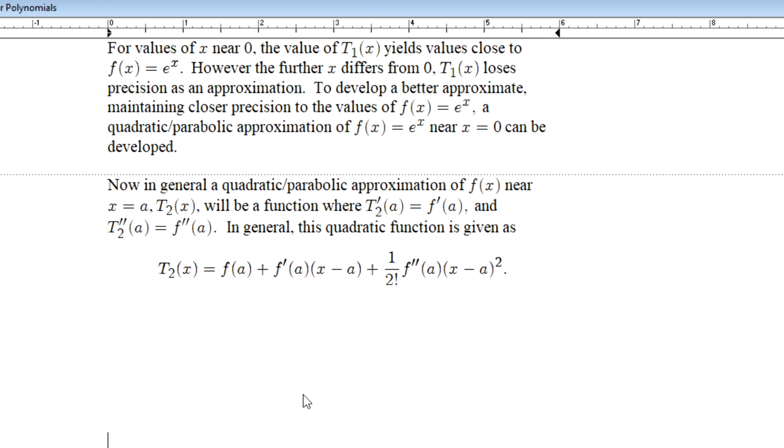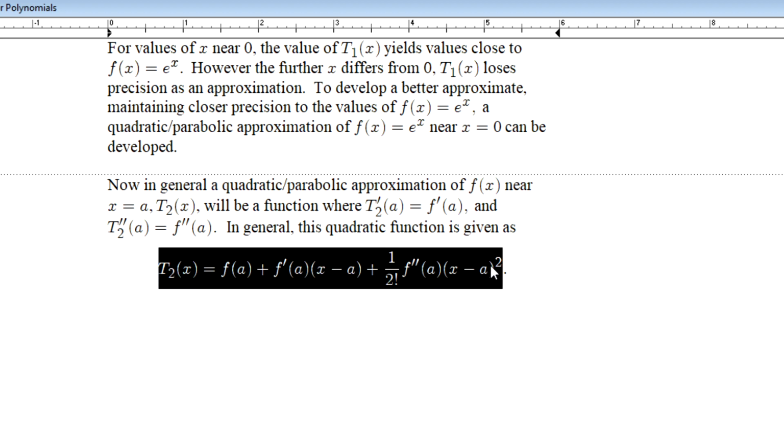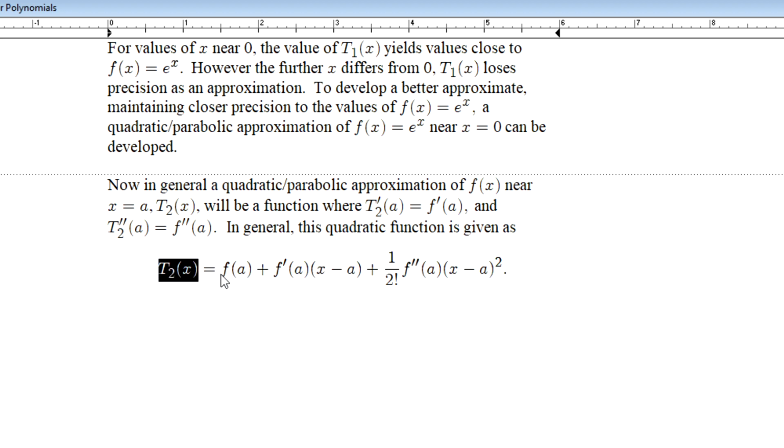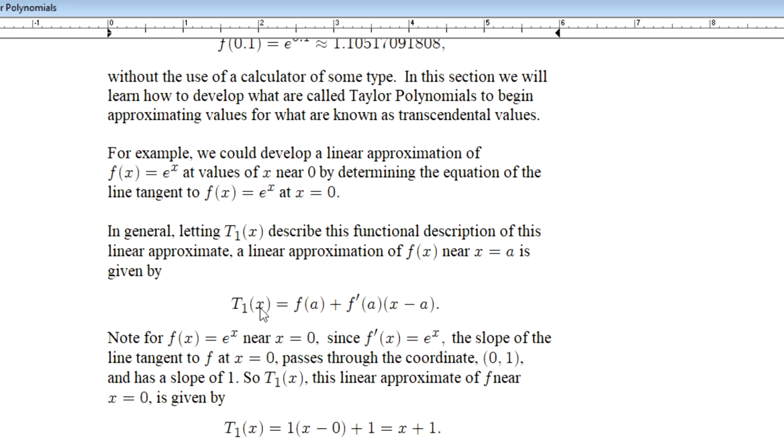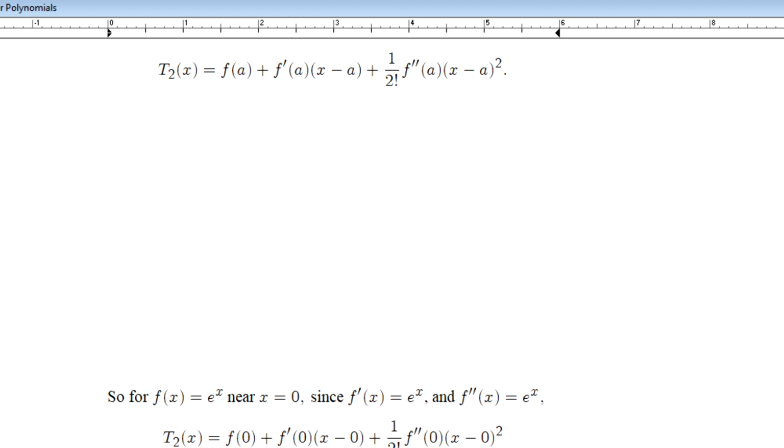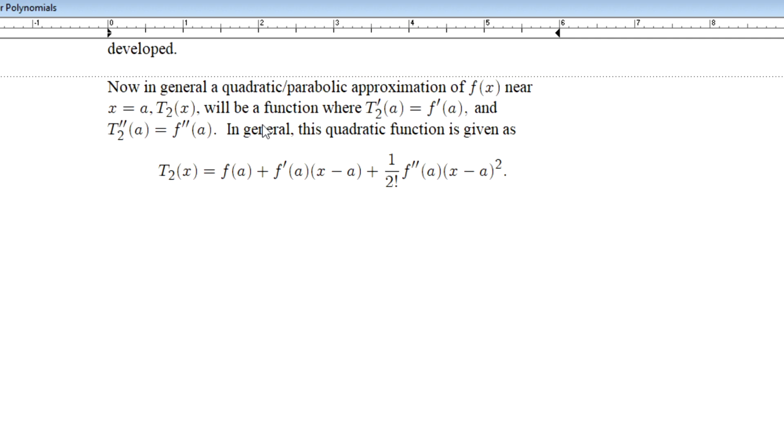And in general, the way we develop T sub 2 of x, you'll notice these first two terms are what we saw describing the linear approximation T sub 1 of x. We're just going to add on this additional term.